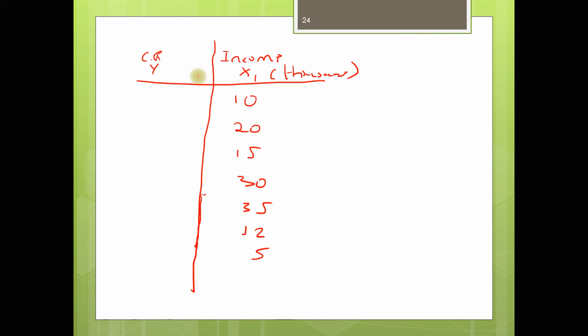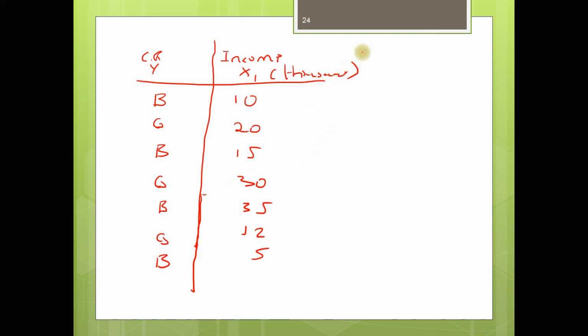So these are the different values of income that you have. And then you have a credit risk which comes in. The credit risk will be classified as good or bad. Suppose you got something like this: bad, good, bad, good, bad, good, and something similar to that.